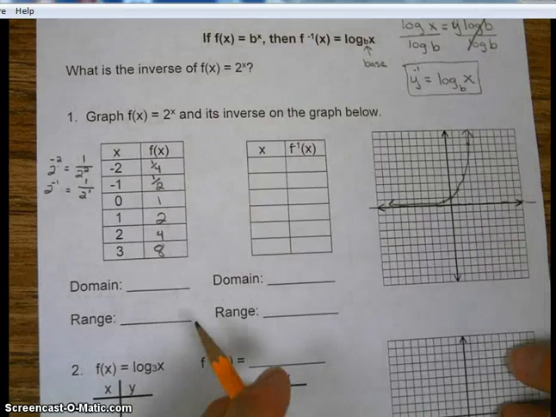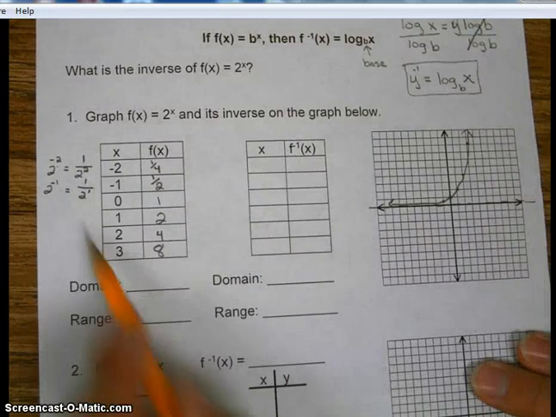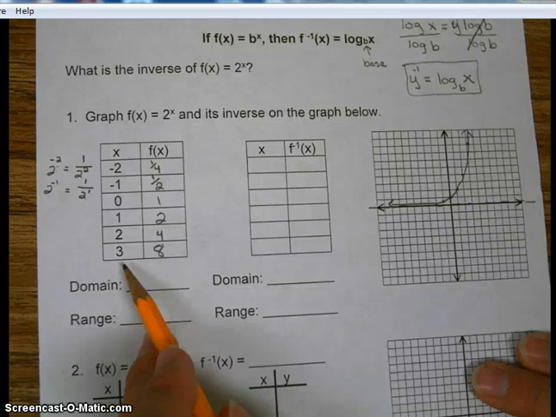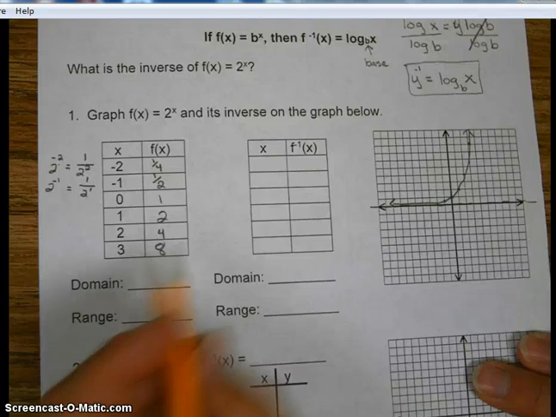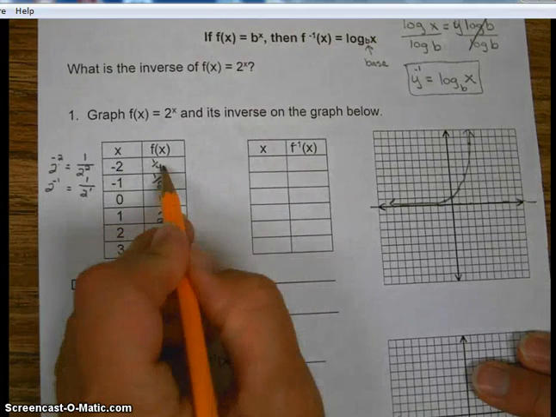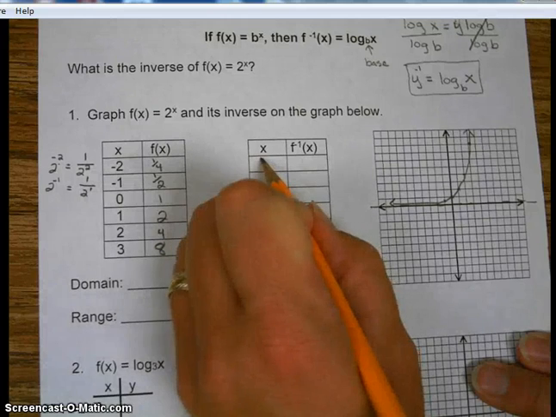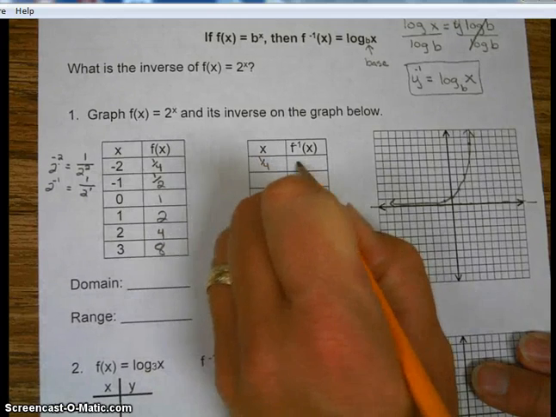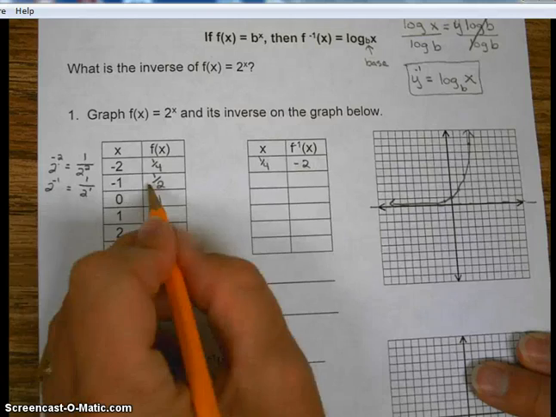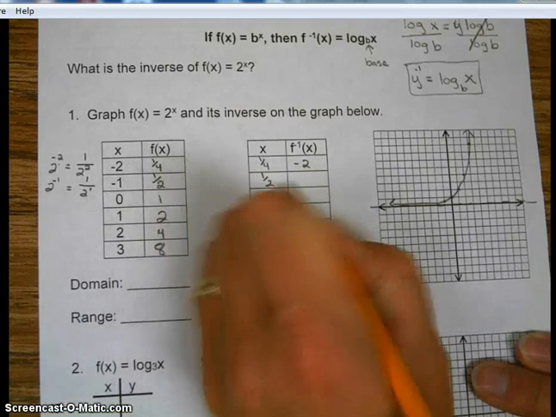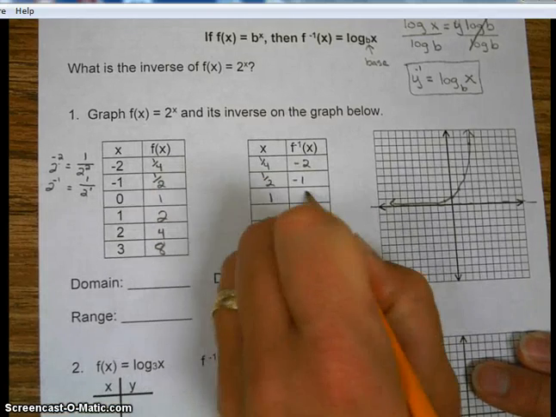So do you remember how to find the inverse when given a table? Yes, we switch the x and the y, that's correct. So the inverse of this point is going to be 1/4, -2, switching, and so on.